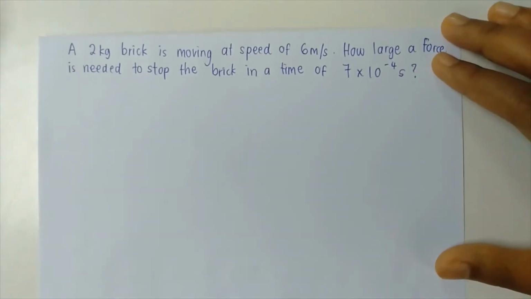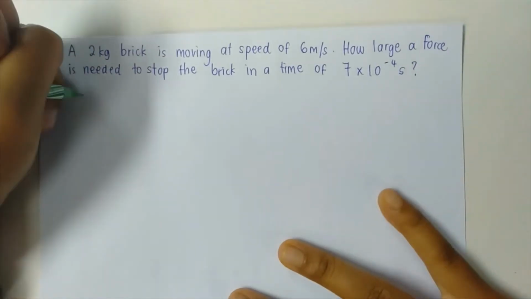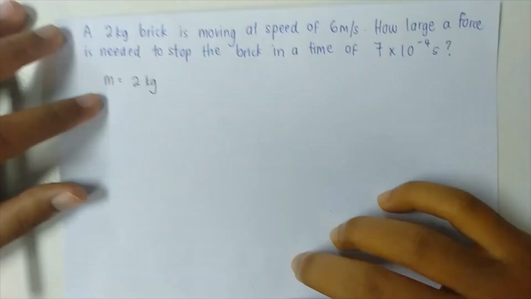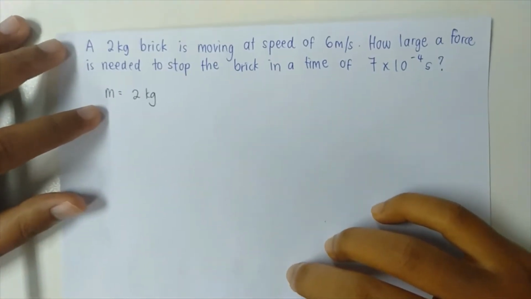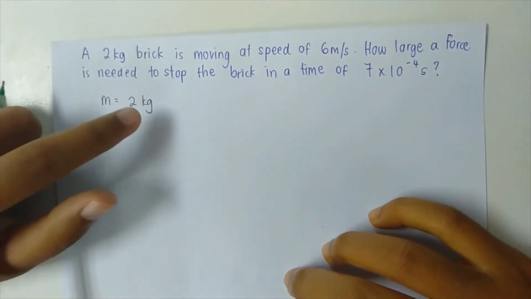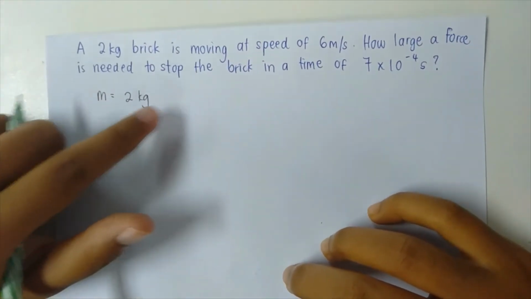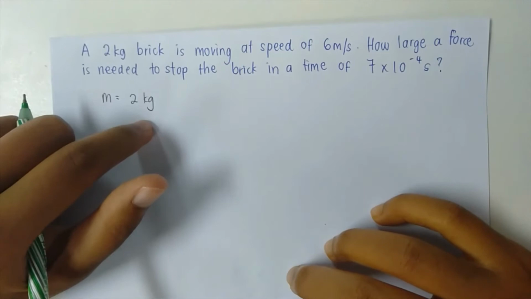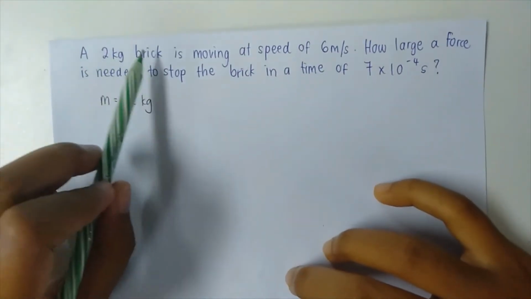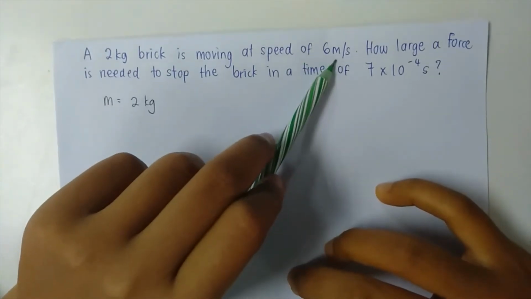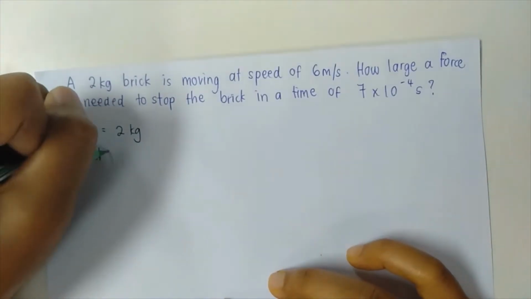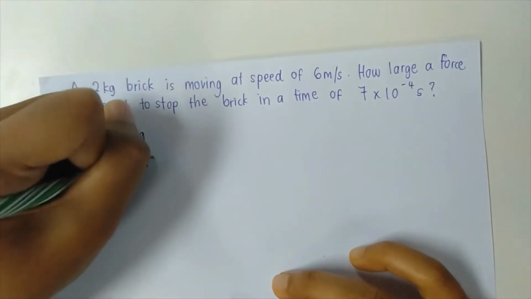First of all, basic things that we need to do is list down all the information that the question is given. First, mass equals to 2 kg. If the question gives in gram, you should change it into the SI units, that is kilogram. Next is the speed. The brick is moving at speed of 6 meters per second, so the u is 6 meters per second.